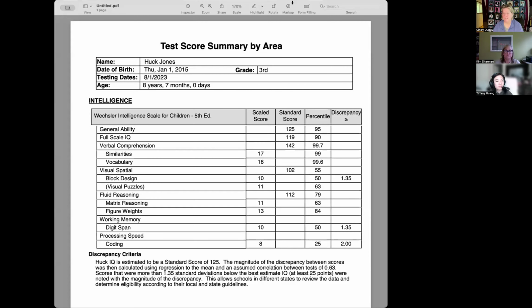So let's take a look. I've pulled up a profile that we've looked at previously, but this is a good comparison. You can convert any scale score to a standard score. So for example, the 17 is a 135, this 18 is a 140. You would look at that and say, okay, so 135, 140, how do you come up with a 142?